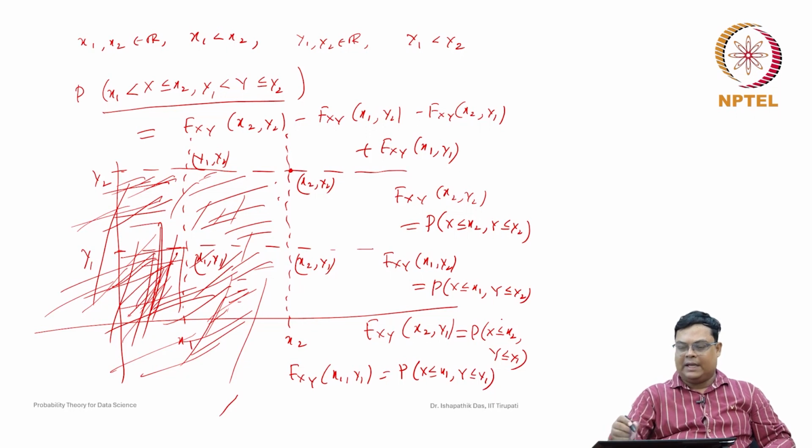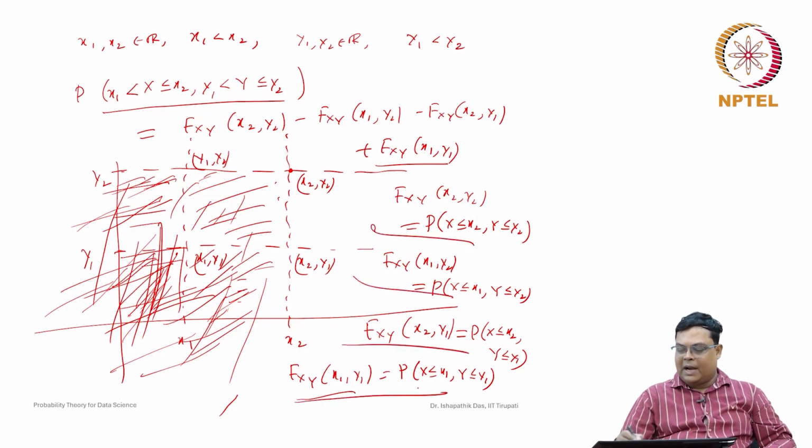So here we add this term, F_XY of (x1, y1). This part minus this part, again minus this part, plus this part, because we have subtracted it 2 times.